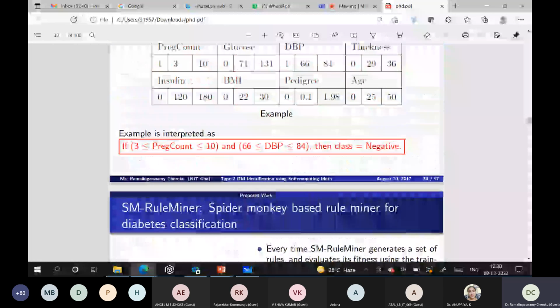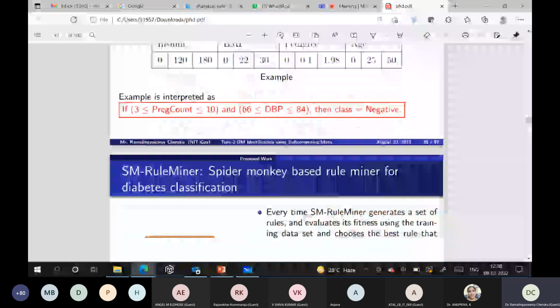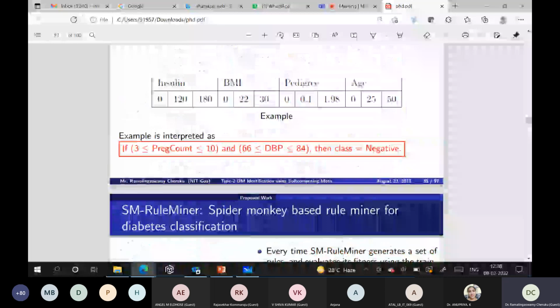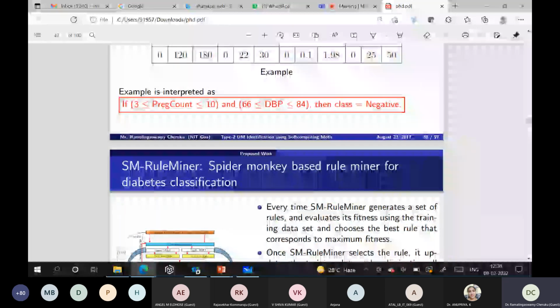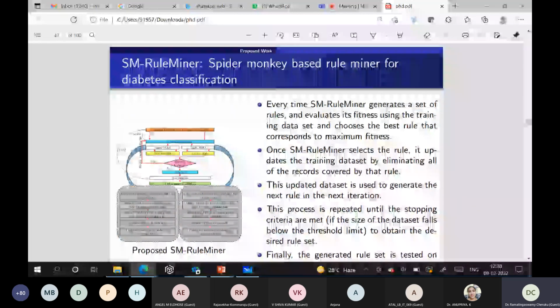First we model the problem in this manner, then we apply the spider monkey algorithm, which is one of the latest algorithms. To solve this problem, we named it the SM rule miner, spider monkey rule miner. Every time, the spider monkey rule miner generates a set of rules, evaluates their fitness using training data, and chooses the best rule that corresponds to the maximum fitness.